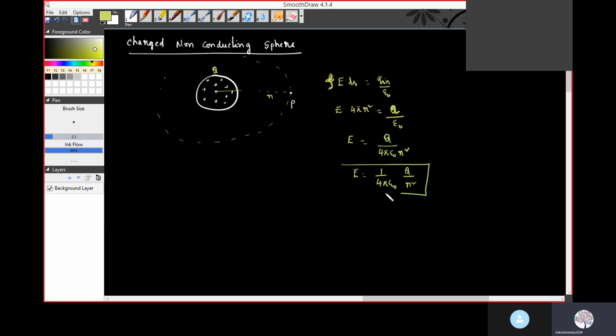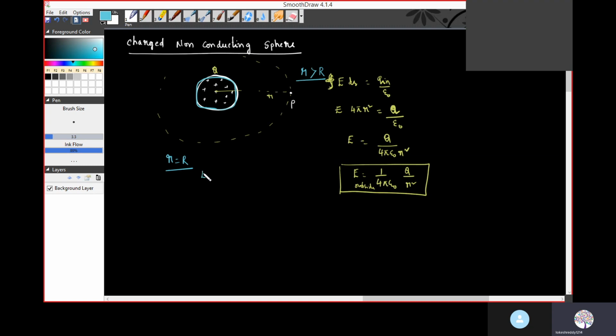This is when E is outside, that means when the Gaussian surface radius is greater than R. If r is equal to R, here the Gaussian surface is on the surface, then total charge enclosed is q.